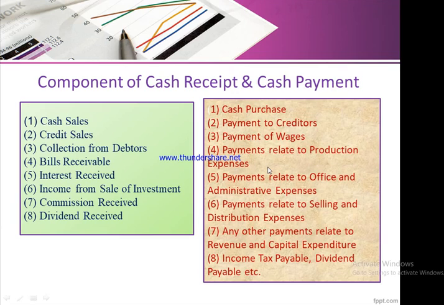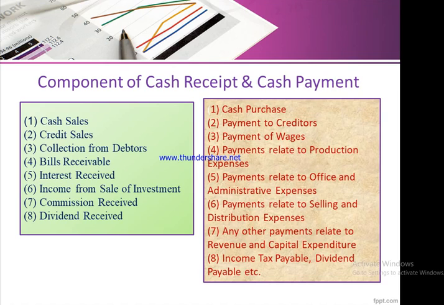Payment related to production expenses, payment related to office and administrative expenses, payment related to selling and distribution, any payment related to revenue and capital expenditures. In case a company has taken a decision to purchase plant and machinery in a particular period, then on account of the purchase, what is the amount of capital outlay the company is going to make?